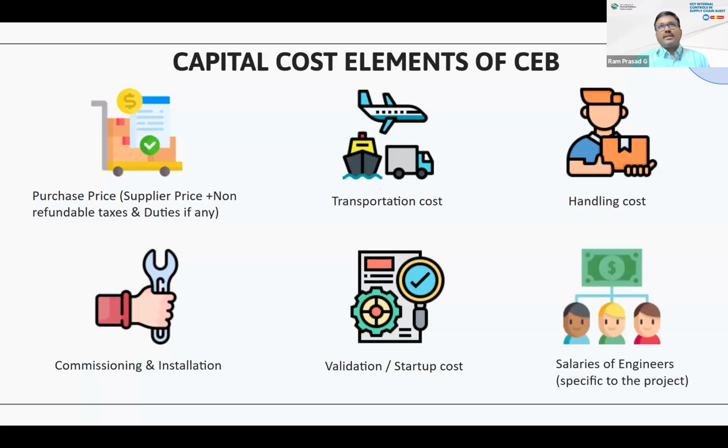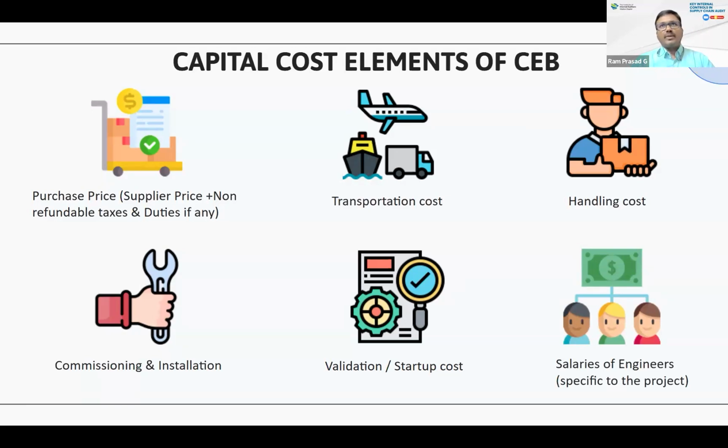And also salaries. Each company has different policies, however, this is also an acceptable practice. The supervisor, the engineer salary, if you have a time sheet, the amount of time that person has dedicated to this project can also get capitalized.